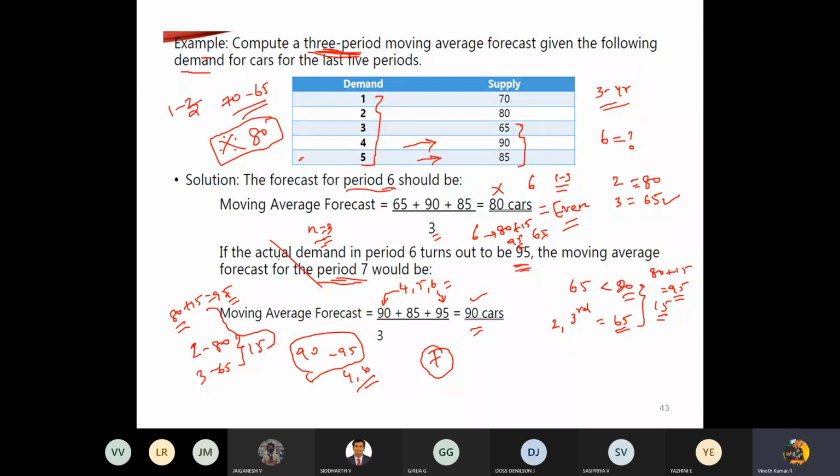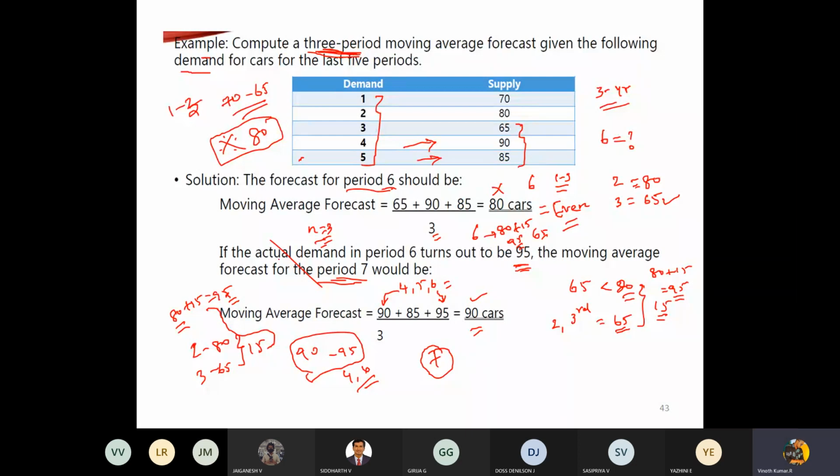Calculate the following demand for a storage water heater for the last 6 months.